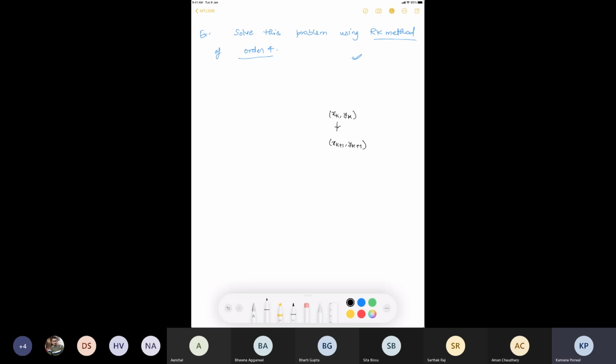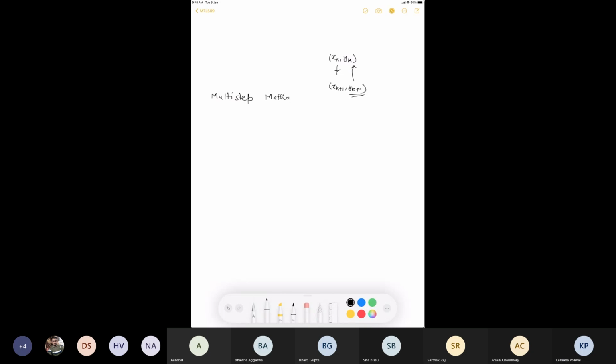So basically to compute yk plus 1, I'm just requiring the information from one previous step. That's the reason these methods are called single step methods. Now there's another class of methods which is called multi-step.